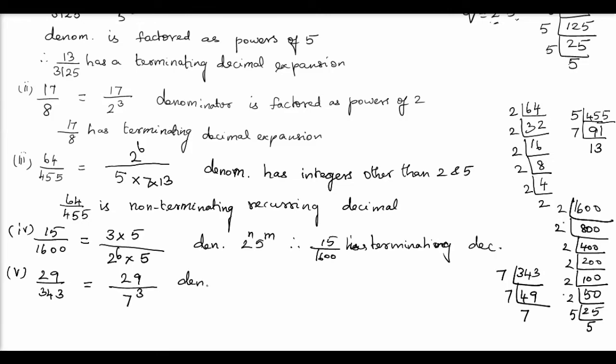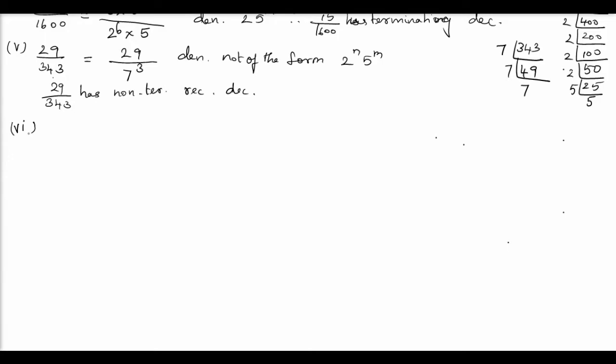So the denominator is not of the form 2 power n, 5 power m. Therefore, 29 by 343 has non-terminating recurring decimal. Sixth subdivision. The sixth subdivision is 23 by 2 square 5 cube.